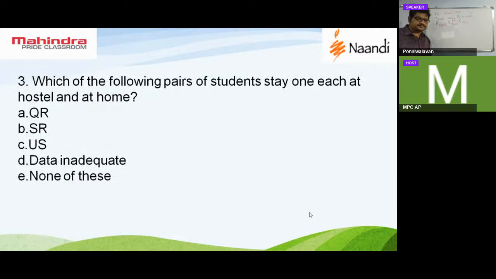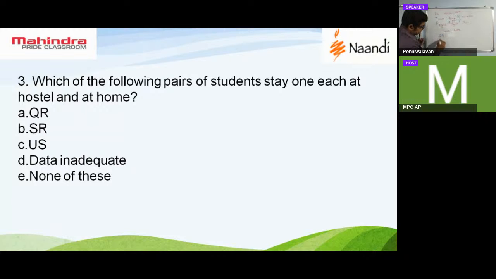Try this. Which of the following pair of students stay one each at hostel and home? The options are QR, SR, US.